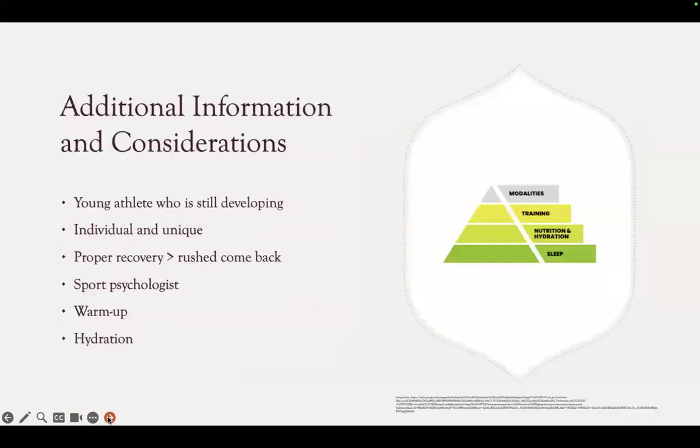So, special consideration: we have a high school track and field athlete who is still very young. She's still maybe 15, maybe 16 years old, so her body is still developing. And we learned in the modules that there is a difference in approaching an athlete who is still in development and an athlete who is fully developed.